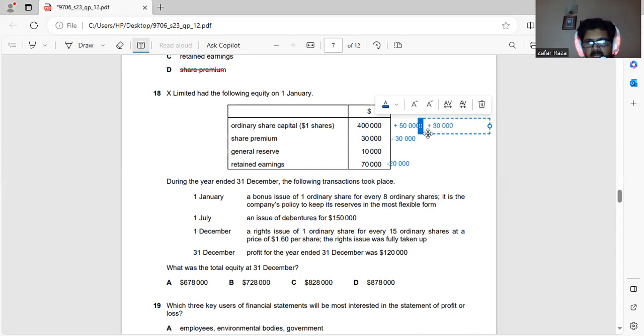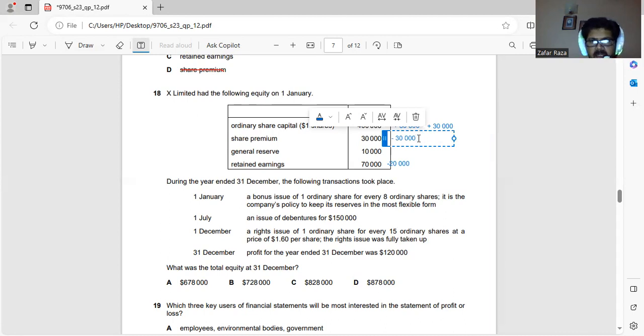Share premium is also increased by 30,000 multiplied by 0.6, that is 18,000.